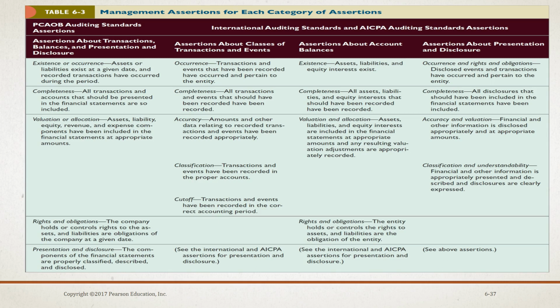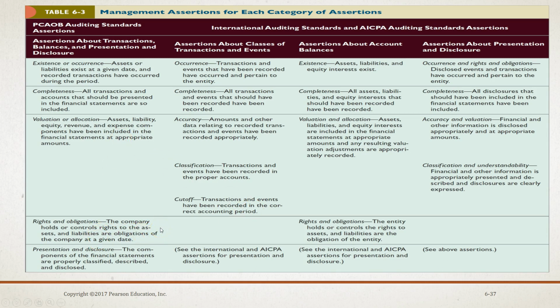Now you may say, Buckholz, it's still the same expense of $500,000, but generally accepted accounting principles and even IFRS say you need to show it in the right presentation, the right classification. And then cutoff. Transactions are recorded in the right period.